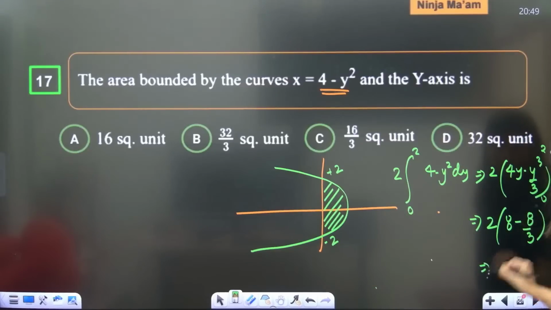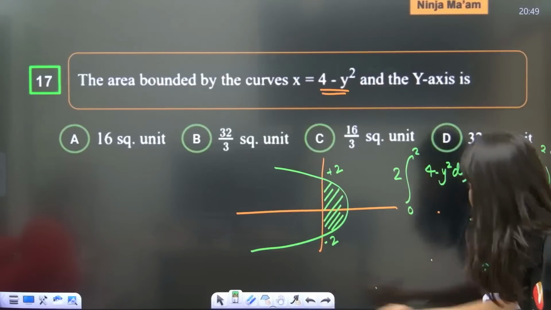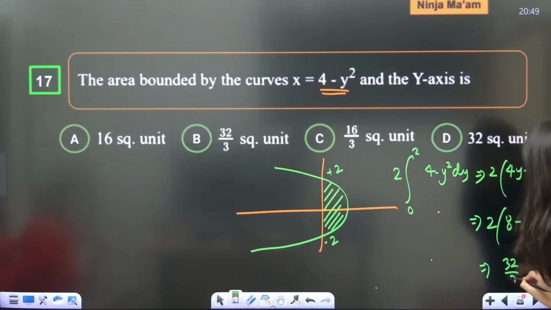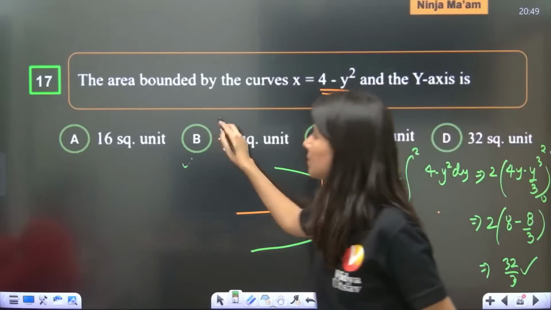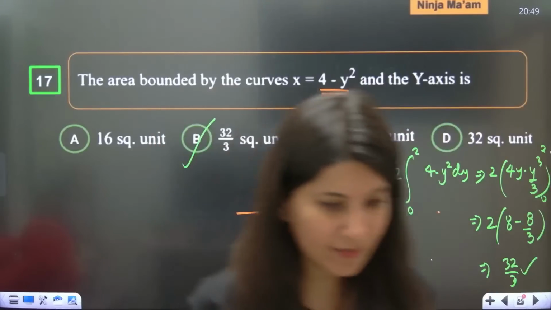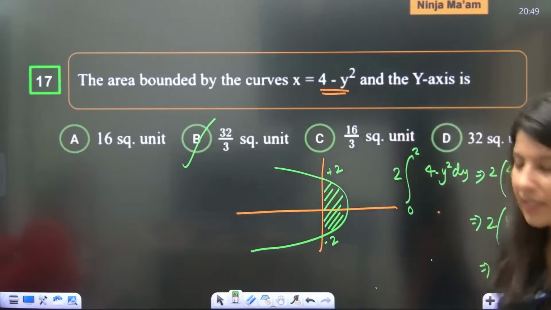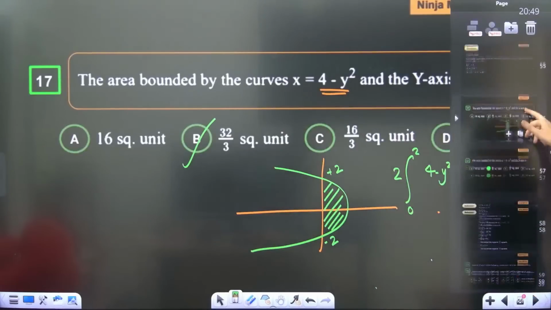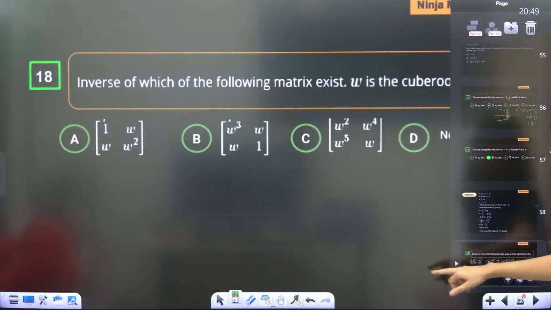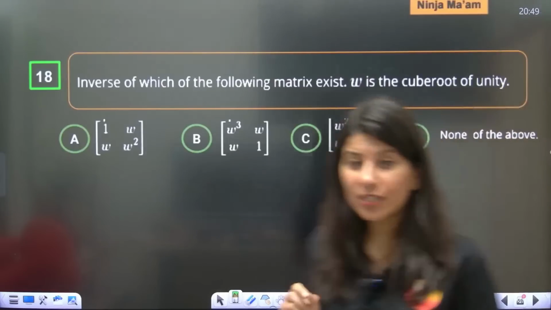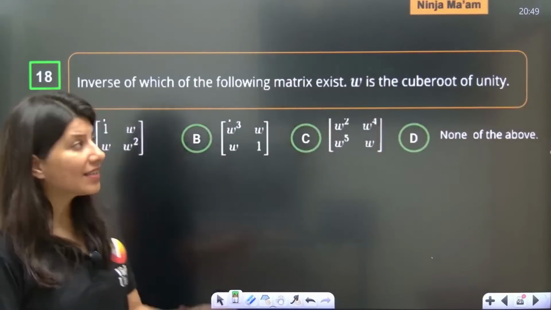That's it. So 24 minus 8 will be 16. So 32 by 3 is the correct answer. 32 by 3 square units. Option B. Again, easy question. Yes, everybody? Everybody getting it? Yes. Okay.